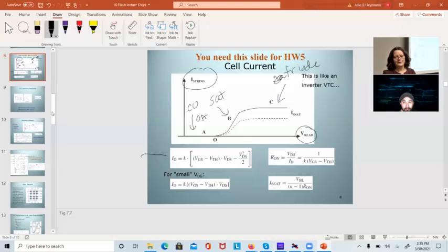This is an amazing slide because it has all the equations you need for one of the problems on homework 5. Now, if VDS is really small, VDS squared is going to be even smaller. You can neglect that term, and so this is what we mean for the ID in triode for a small VDS. The on resistance is defined as VDS over ID.